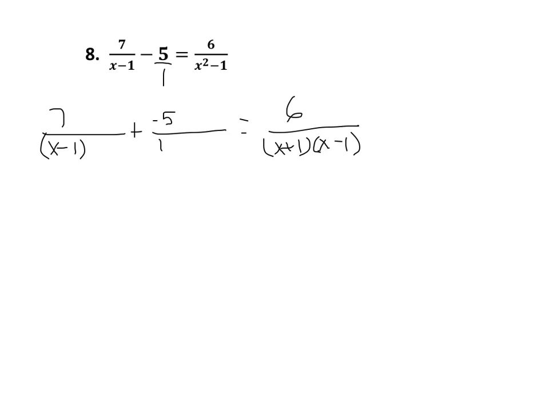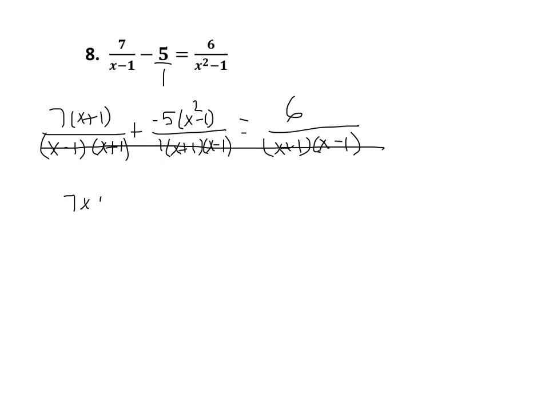Yes, it's missing x plus 1. The second is missing both. So remember, what you can do is just say x squared minus 1. This one's not missing anything. Denominator's the same. So cross it off.